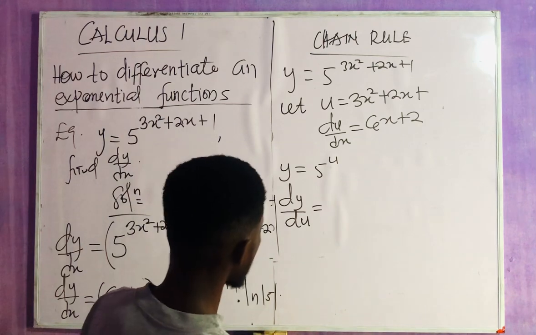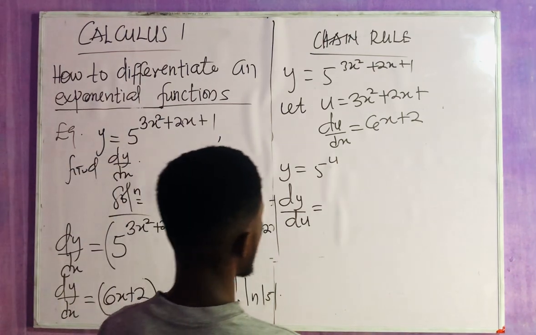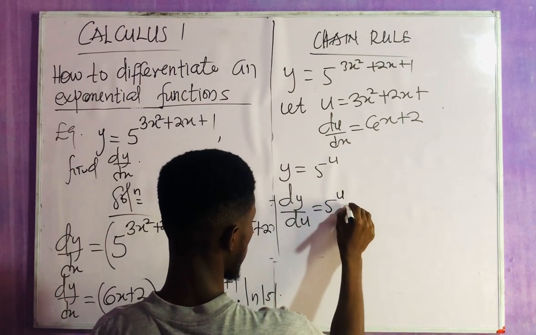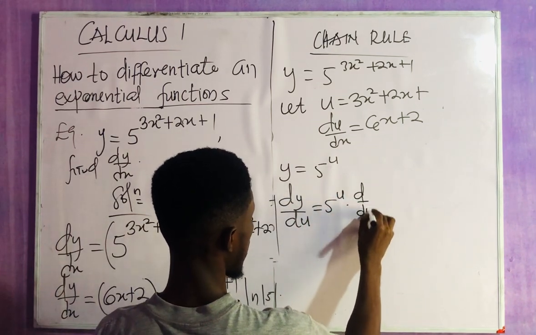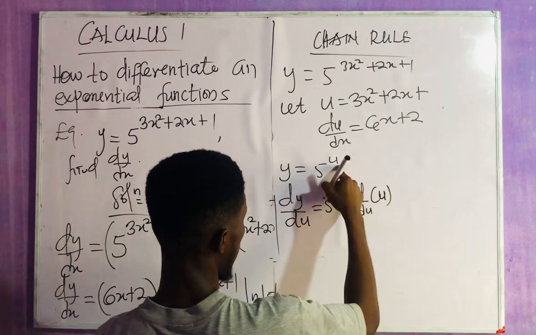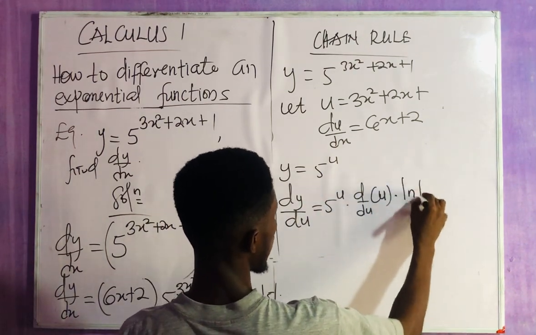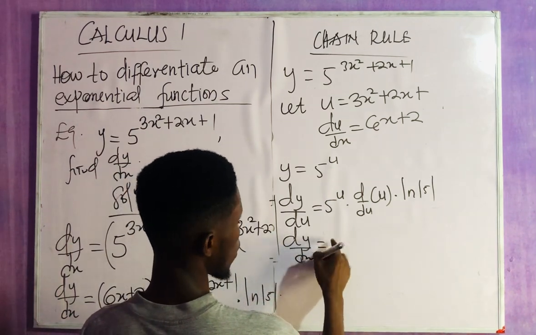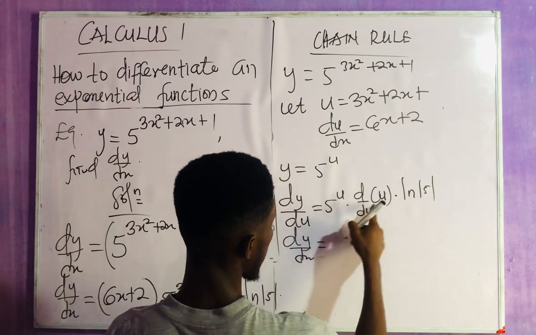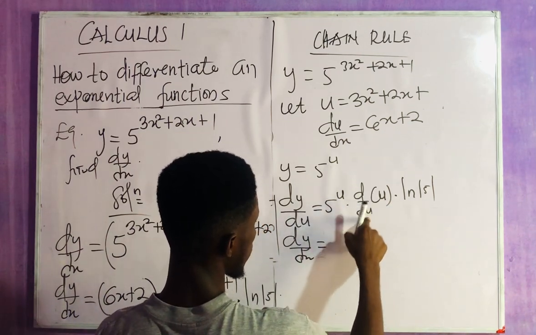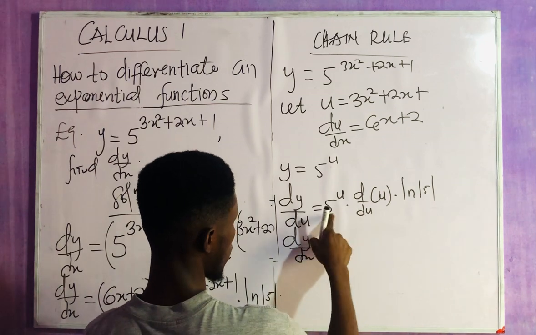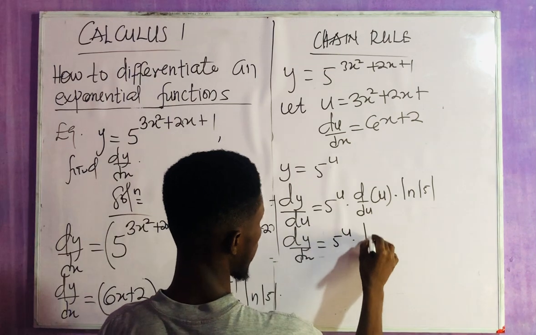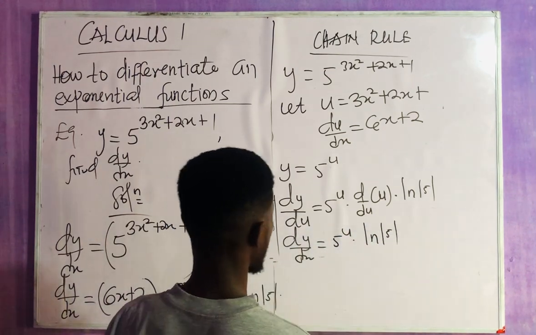And this will give me the function times the differential with respect to u of the power times ln of the base. So if you differentiate u with respect to u, you get 1. 1 times that will give you 5 to the power u. So you have 5 to the power u multiplied by ln 5.